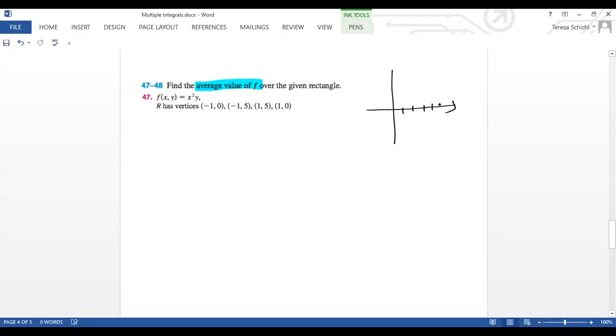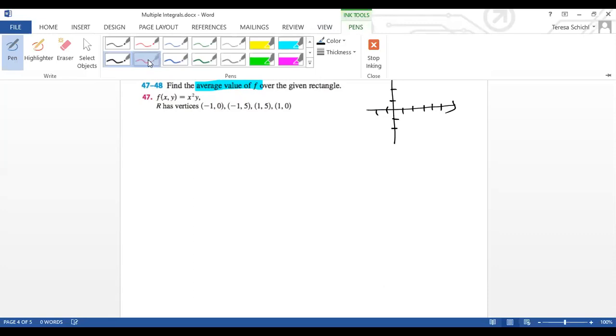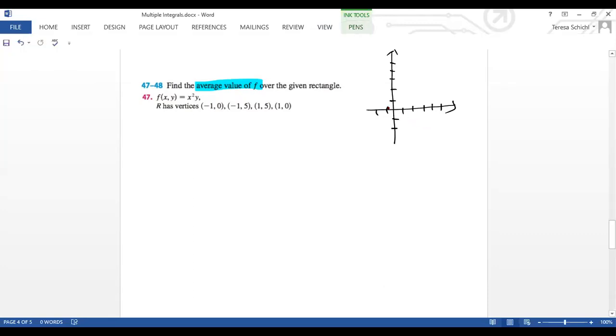Counting 1, 2, 3, 4, 5, and 1, 2. The vertices are negative 1 and 0, so it's here; negative 1 and 5, 1, 2, 3, 4, 5 is here; 1 and 5 is here, and 1 and 0.